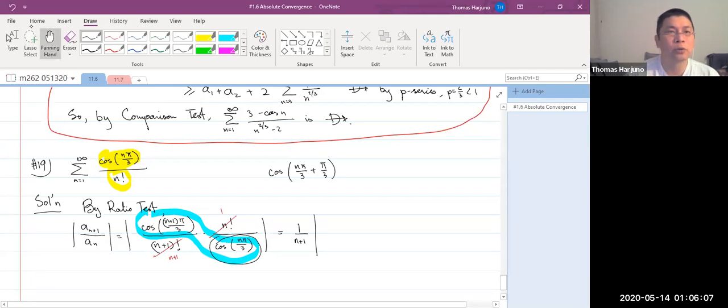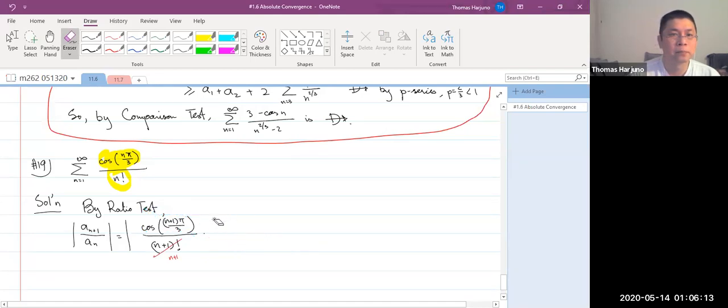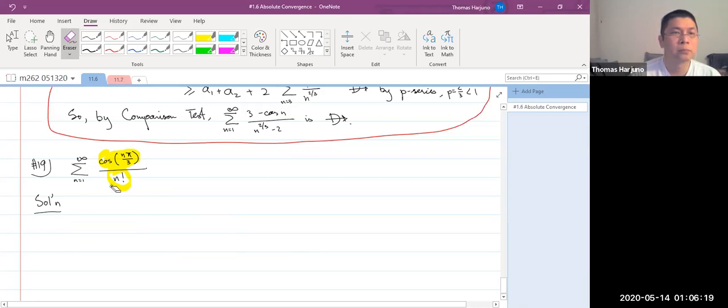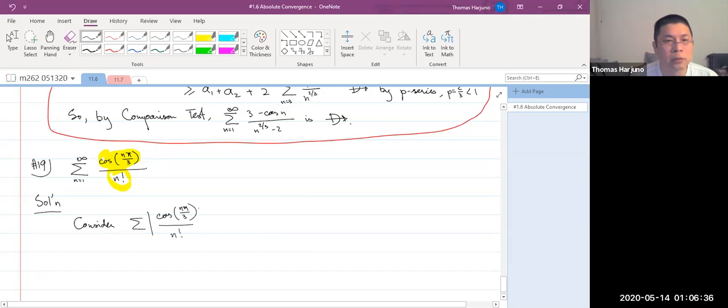Let's check the absolute convergence right away. Consider, yeah, I think checking the absolute convergence is a lot faster, because the top will be bounded above by 1, right?